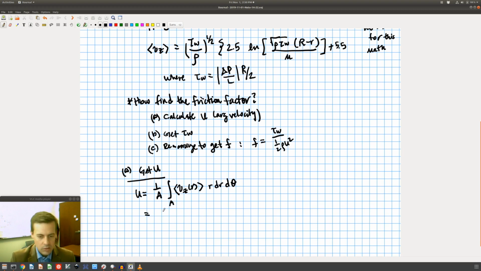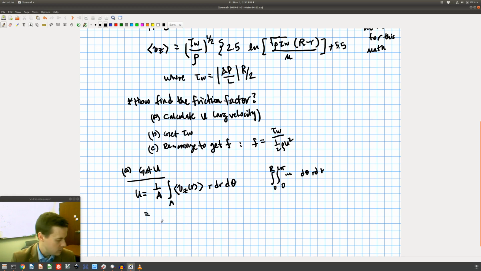I can rewrite that double integral, this area integral, with d theta and then r dr. And from theta, I'm going to go 0 to 2 pi, and then this will be 0 to R.